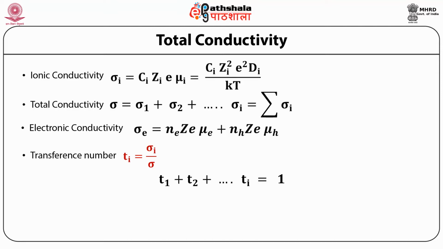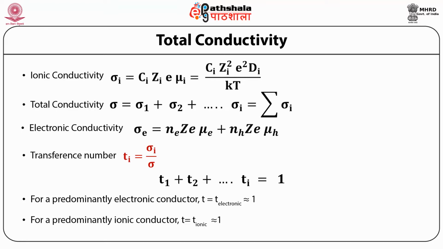So naturally, for a predominantly electronic conductor, t_electronic is approximately 1, and for an ionic conductor, t_ionic is approximately 1, whereas for mixed conduction, t_electronic is comparable to t_ionic.